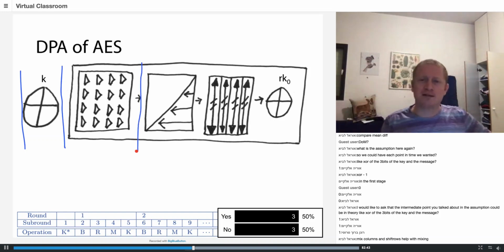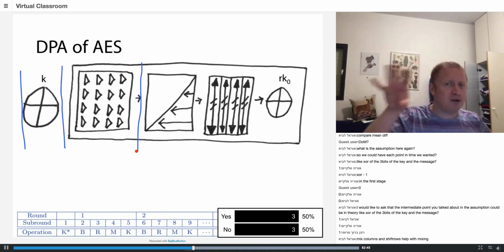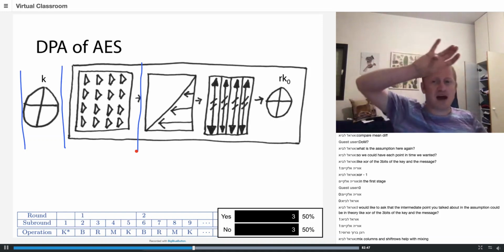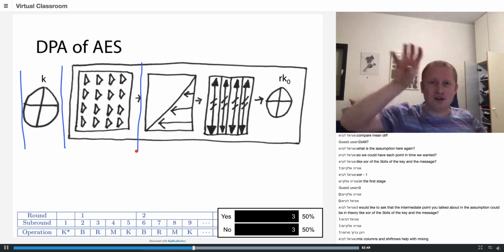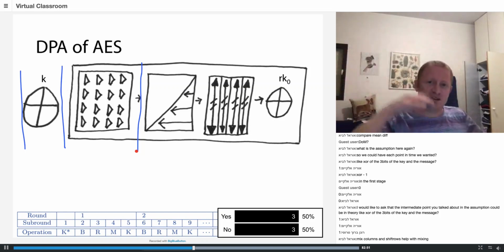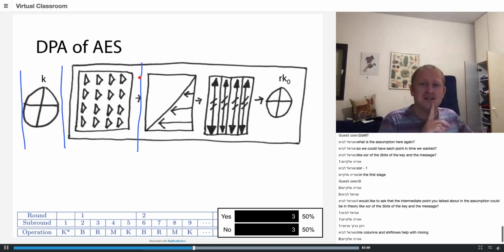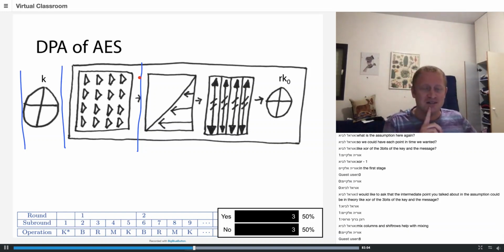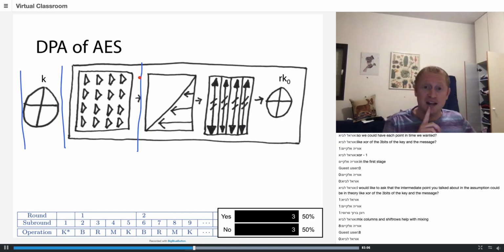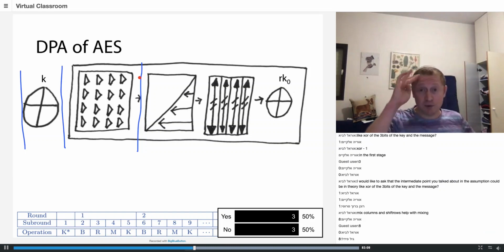So SubBytes, I take this lookup table and I substitute the single bytes of the state with the values. So the first bit, this one is a little more tricky. The first bit of the state after SubBytes, how many bits of the key affect it? Right, so the answer is 8, and I'm going to explain why 8.